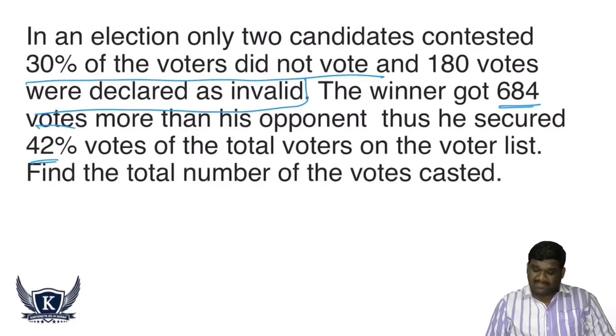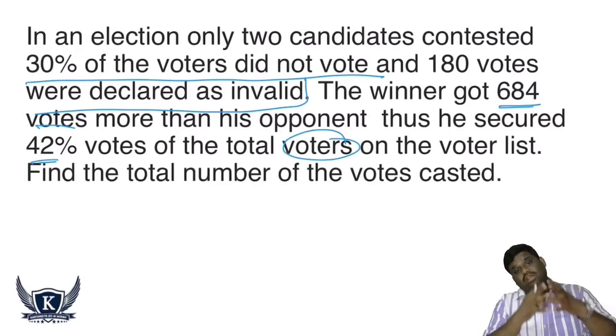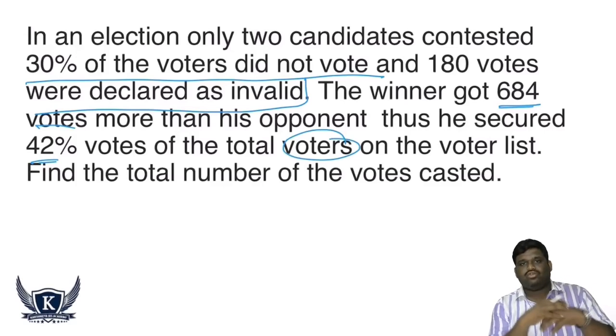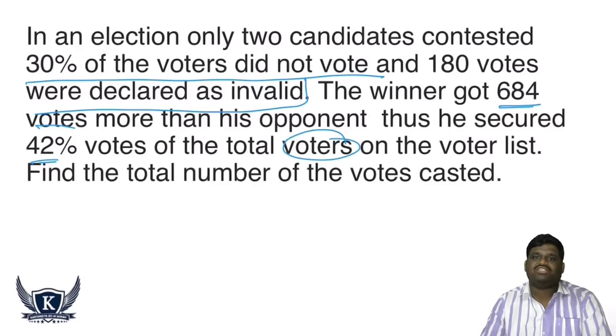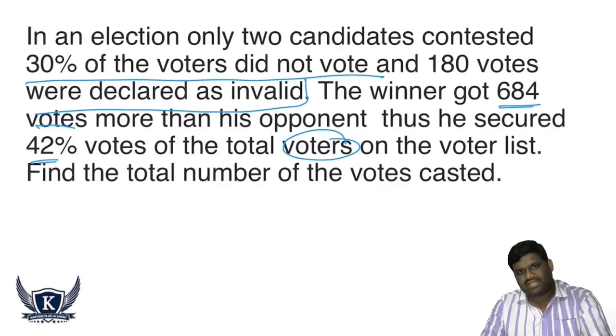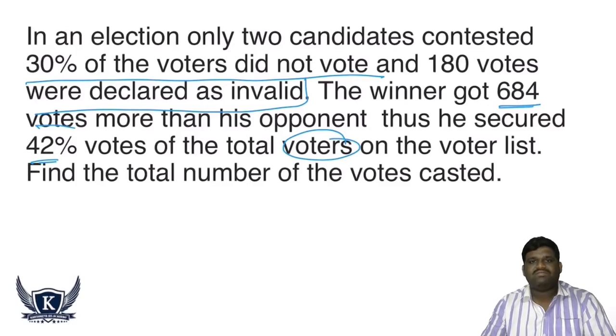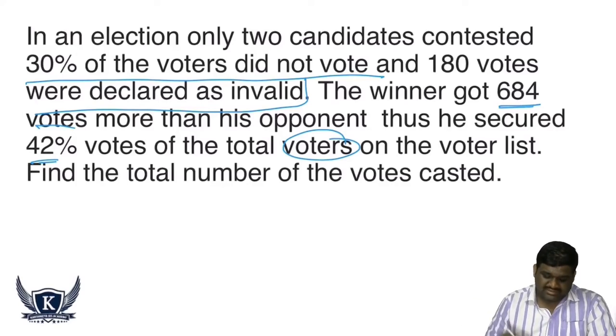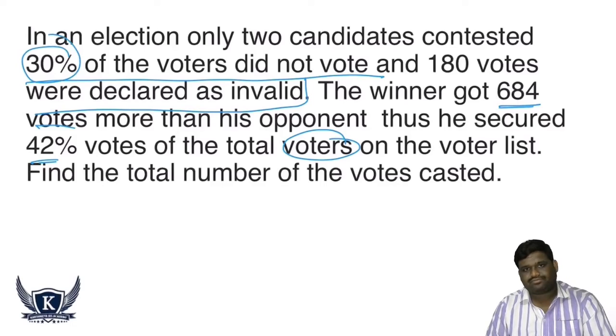That means this is not about the valid votes. This is about the total voters in the list. If there are 100 voters in the list, 80 voters may poll their vote, but the remaining 20 voters may not poll their vote. So that is 30% of the voters did not cast their vote.